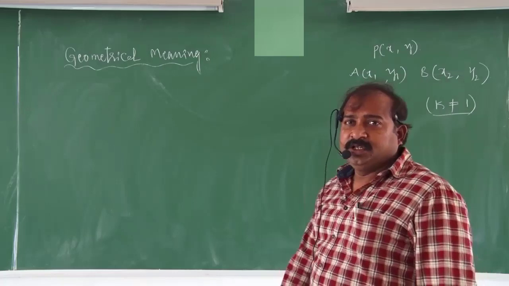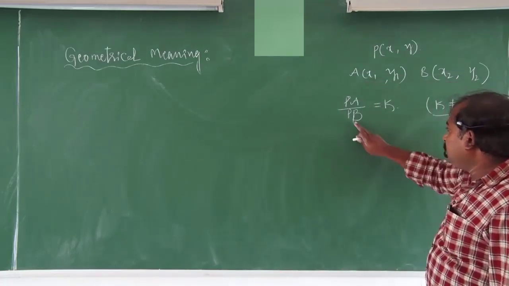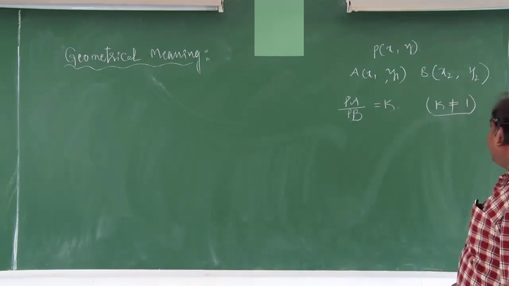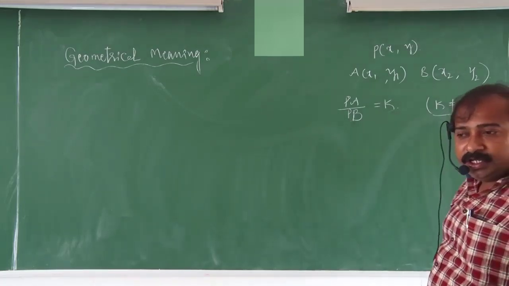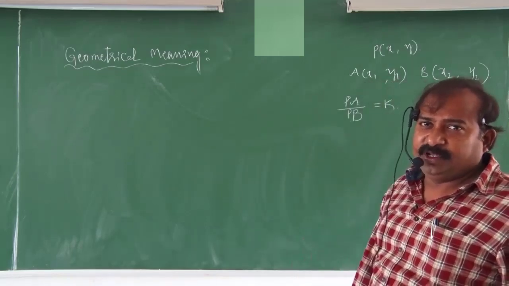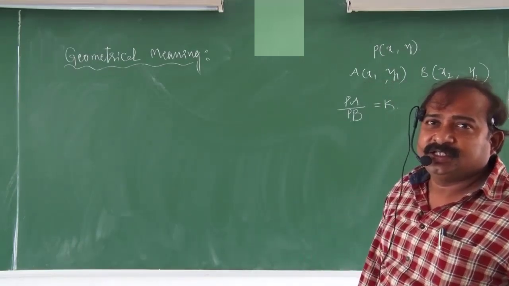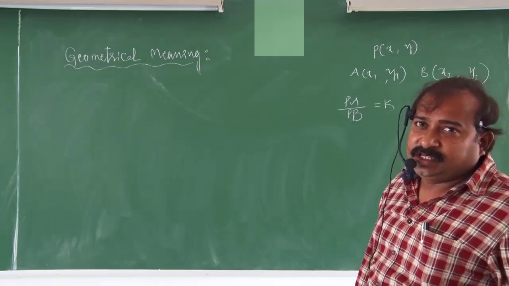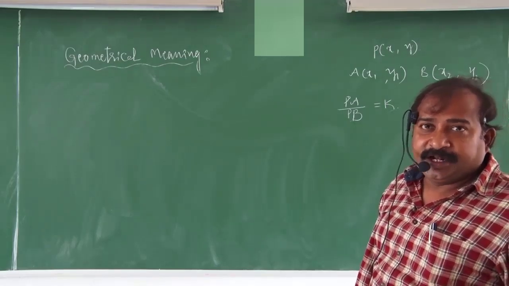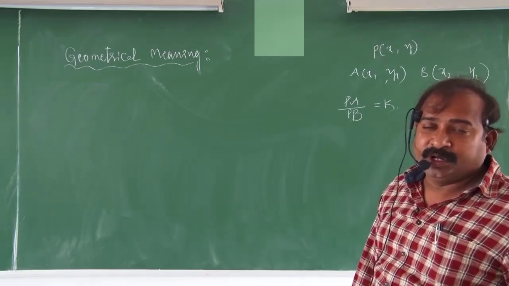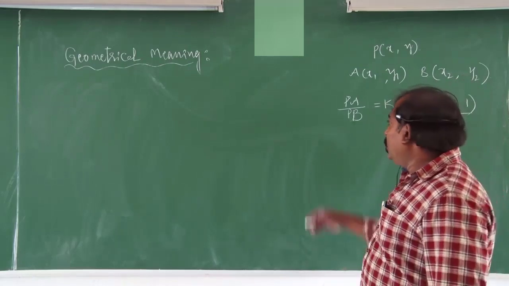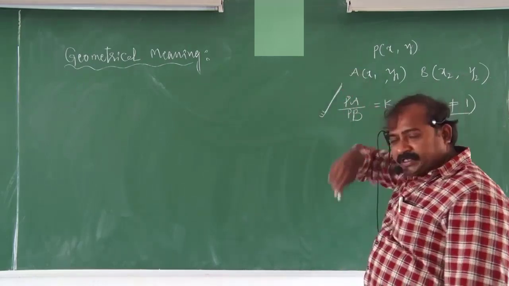They may mention PA by PB equal to k, k not equal to 1, any value greater than 1 or less than 1, but positive, since the distance ratio will always be positive only. In this case, what does this equation represent?